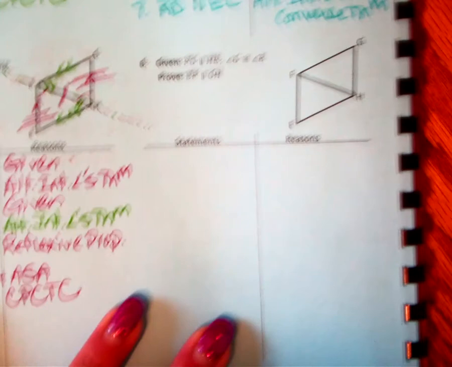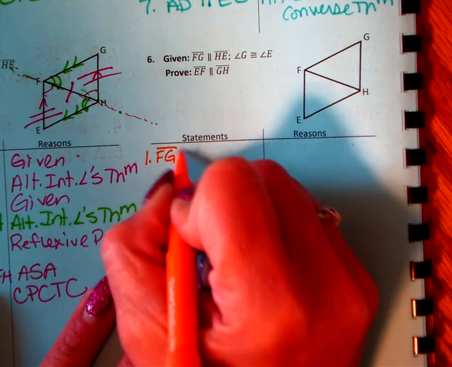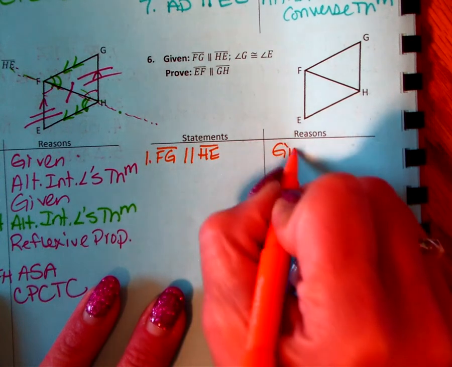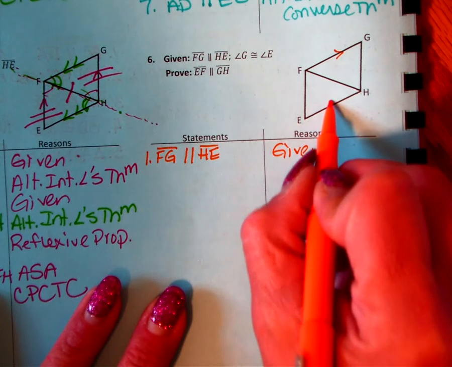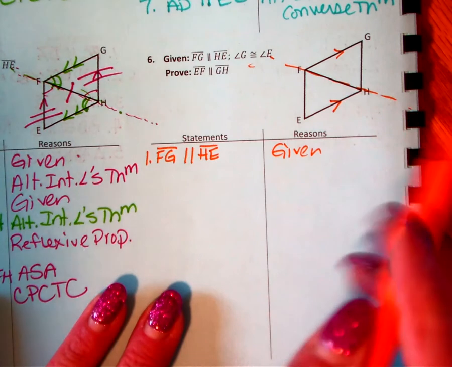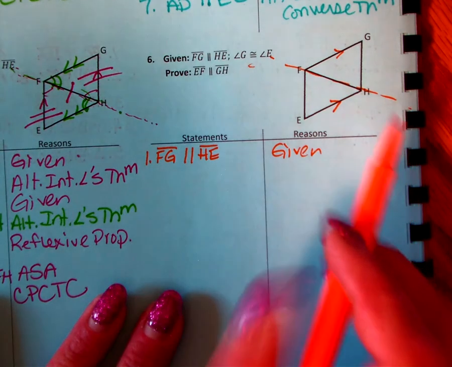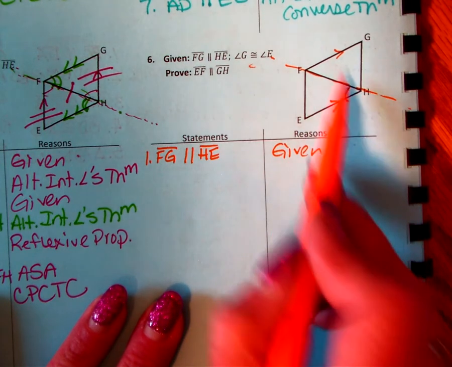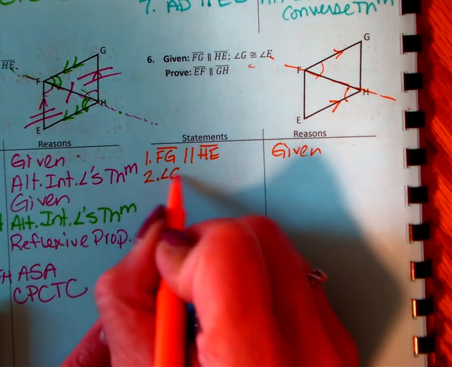Okay, and our last one. FG parallel to HE is given. So this would be my transversal then. I can say GFH is congruent to EHF, alternate interior angles.